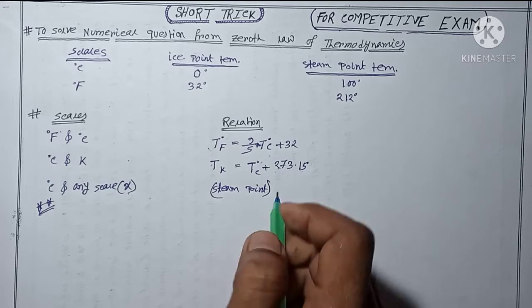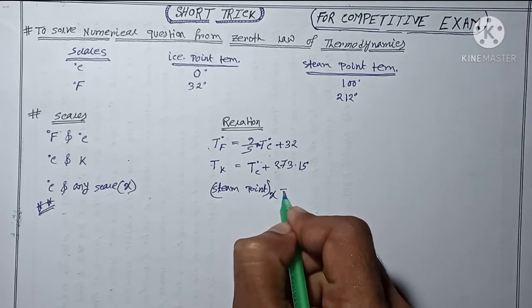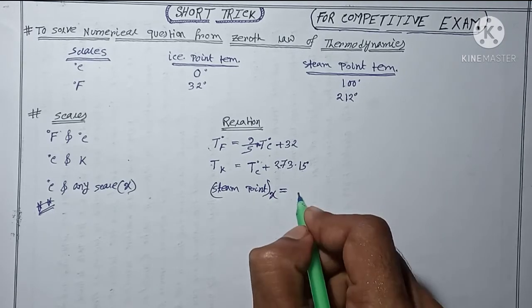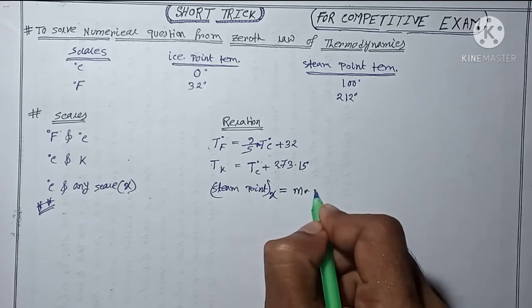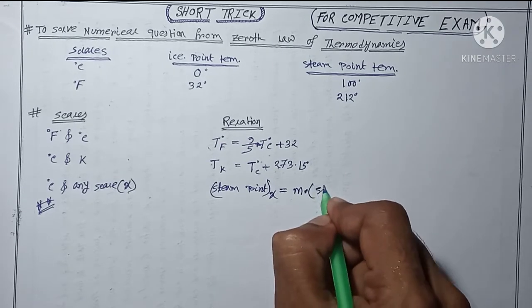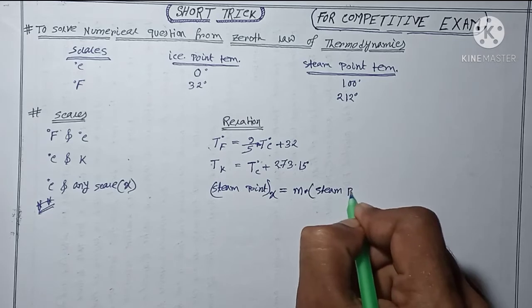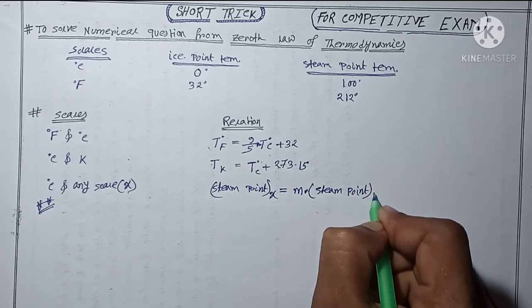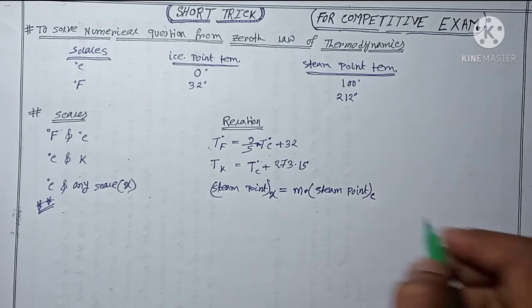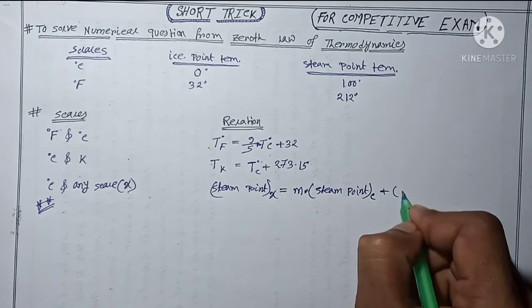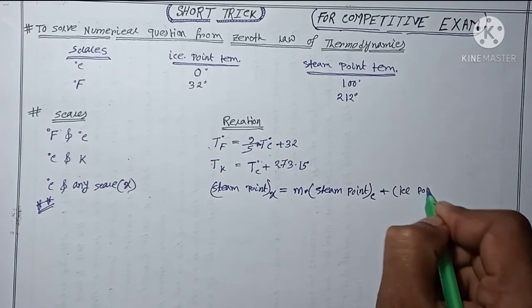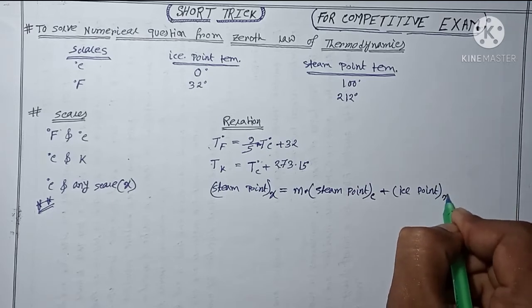The steam point temperature in that X scale should be equal to some constant m times the steam point temperature in degree Celsius scale, plus the ice point temperature in scale X.